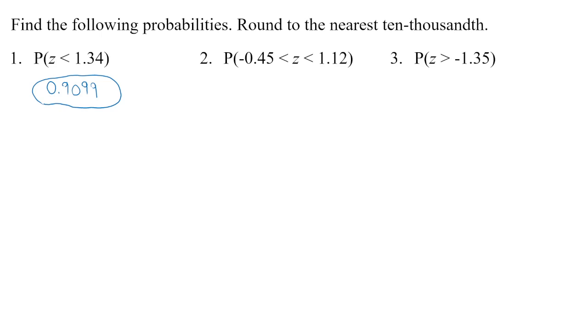All right, number 2: you're looking for the probability that the z-score is between negative 0.45 and 1.12. So you're going to be looking for two probabilities.